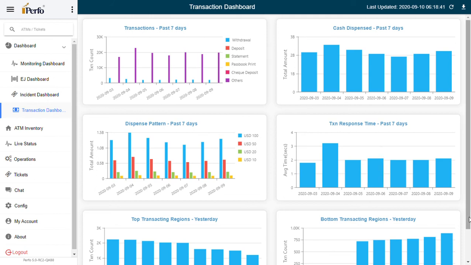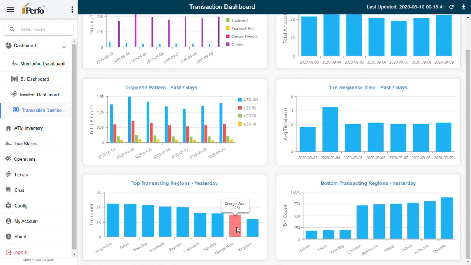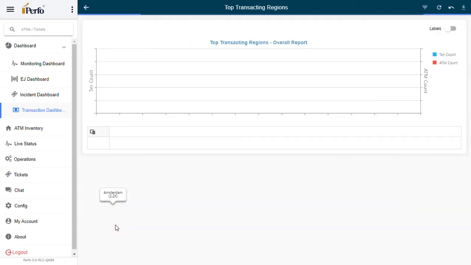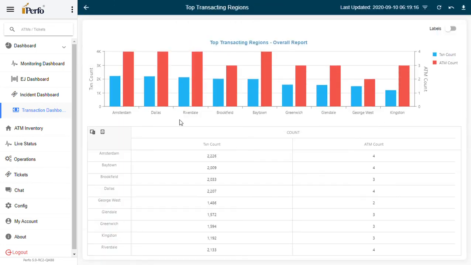Okay. Now coming to this chart, this shows you the top transacting regions and your bottom transacting regions. Now, when we get deep into this, you will actually see a chart alongside the transactions, total transaction count versus the number of ATMs that are contributing to this total transactions in that particular area.